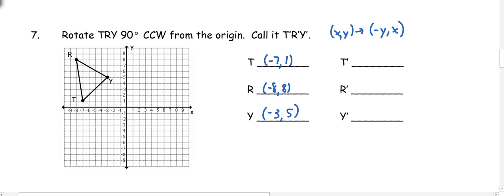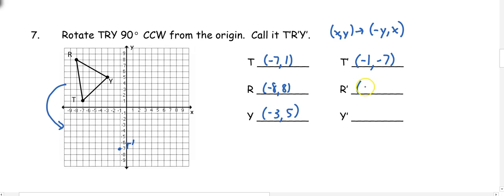Now I'm going to switch them, and the y coordinate will become negative first. If I'm going counterclockwise, I'm going 90 degrees the other direction, which means I should end up in the third quadrant for my points. When I switch this, I need the opposite of my y coordinate, so now negative 1, and the same x coordinate. So T prime is now at negative 1, negative 7.